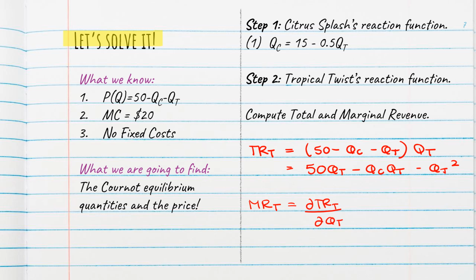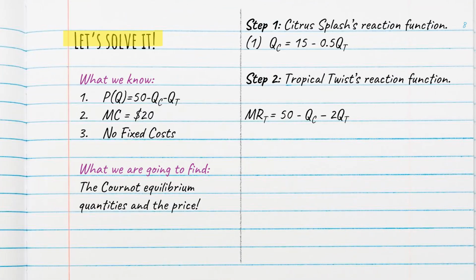Again, this is Tropical Twist's marginal revenue, so we want to know how their revenue increases as they increase their output, holding the output of their competitor constant. What is this partial derivative equal to? 50 minus QC minus 2QT. So we have found our total revenue and our marginal revenue for Tropical Twist.